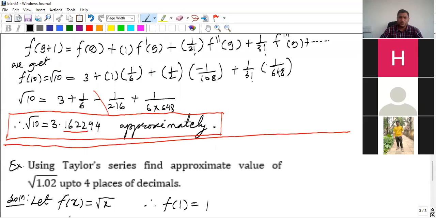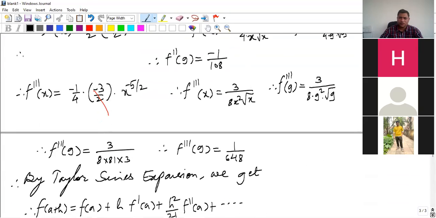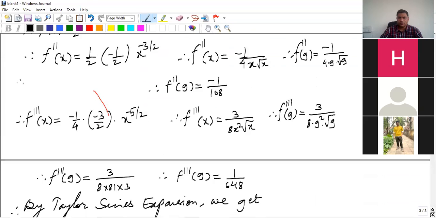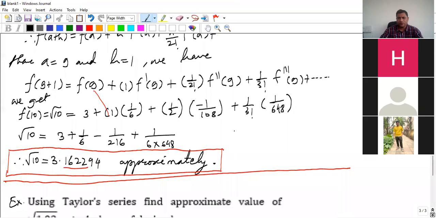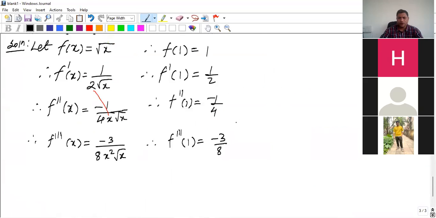Okay, so these are the same functions you have got; this minus minus will become plus. So this is 3 by 8 x square, and this will become plus now.